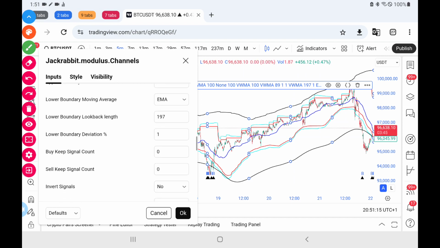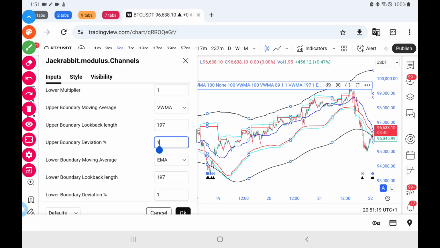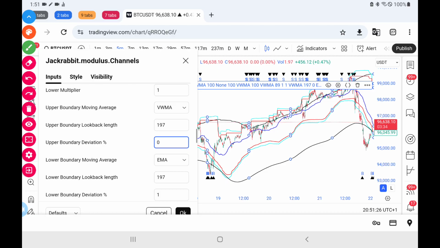and let's look at the upper boundary percentage. And let's actually begin to play with it. So by taking this percentage of 0, meaning no deviation above the mathematics, we can see how the signals have changed drastically, just like they would with a Bollinger Band.